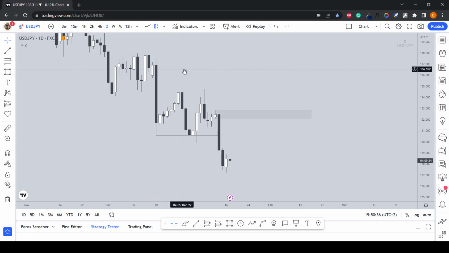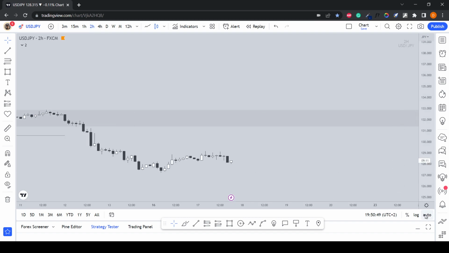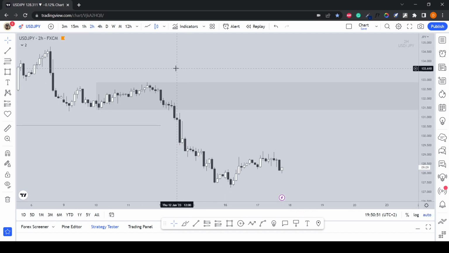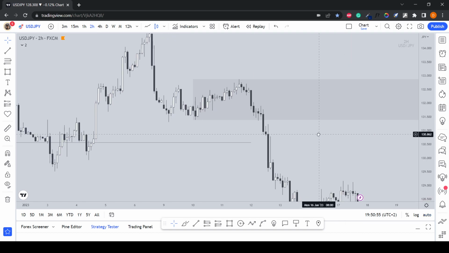Then you can go, so you can have your zone, and then you can check lower time frames to find unmitigated portions on lower time frames, because sometimes when you go to lower time frames, you will find even better zones or obvious up moves before the down move.